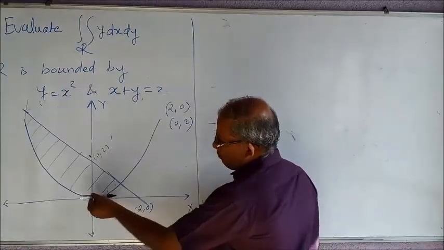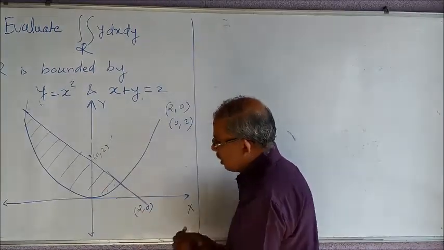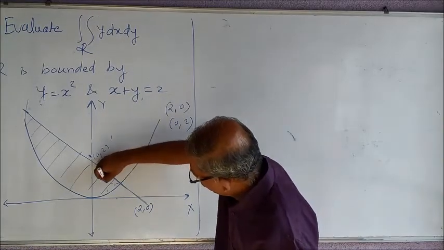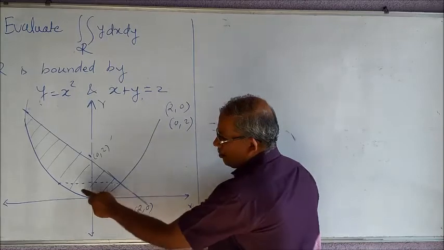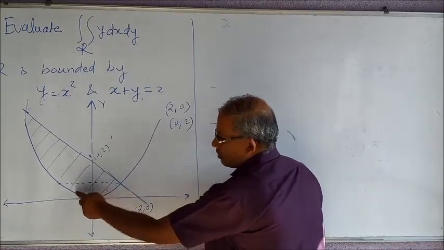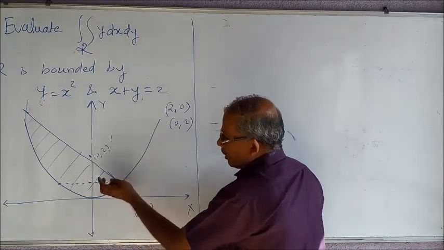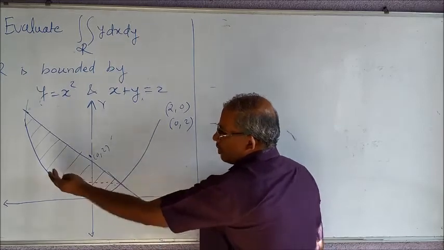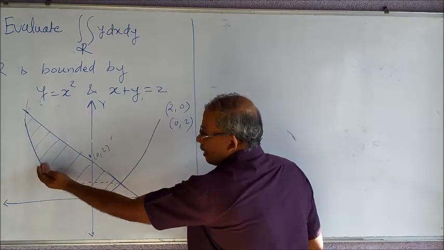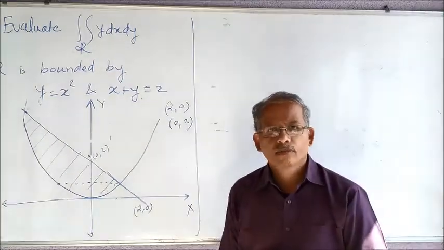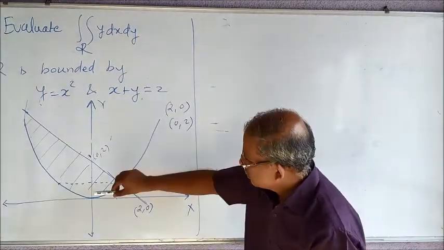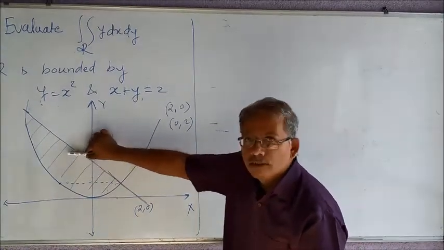If I keep my pen like this, up to this level, the inner limit and outer limits are same as parabola, and after this interval, the lower limit is parabola, but upper limit will be line, right? Because I am moving my pen like this.